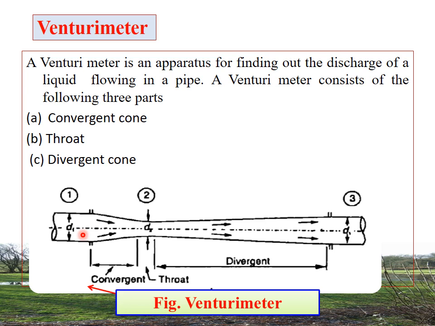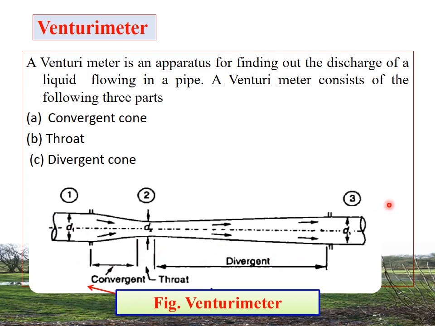That means discharge. Again, a Venturi meter is a device used for measuring the rate of flow of a fluid flowing through a pipe. So, the basic use of a Venturi meter is to measure the discharge, as shown in the figure.